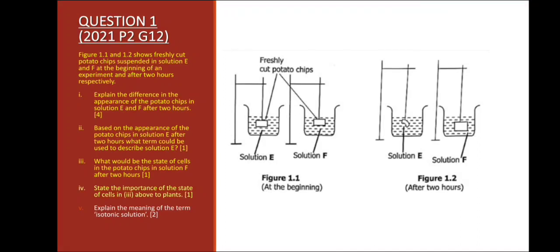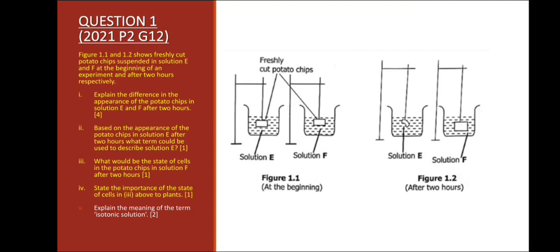Let's look at the next question. State the importance of the state of cells in 3 above to plants. Oh, that's important for growth. They are fully turgid, and that is important for growth. When plant cells absorb water, that will cause them to grow. If you check, the potato chip has increased in size, so it's important for growth.